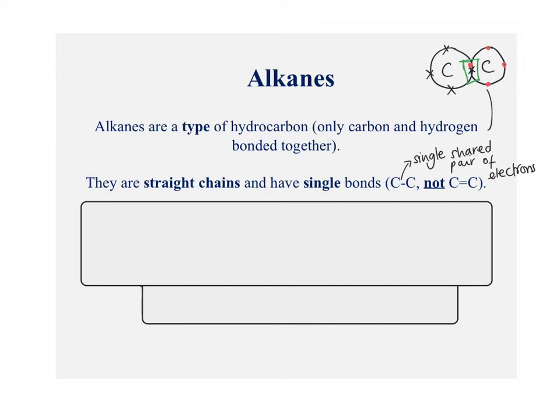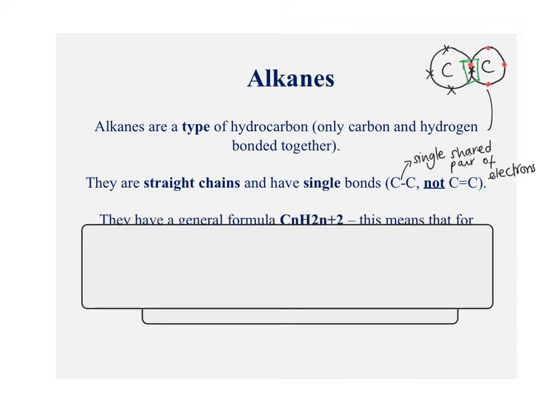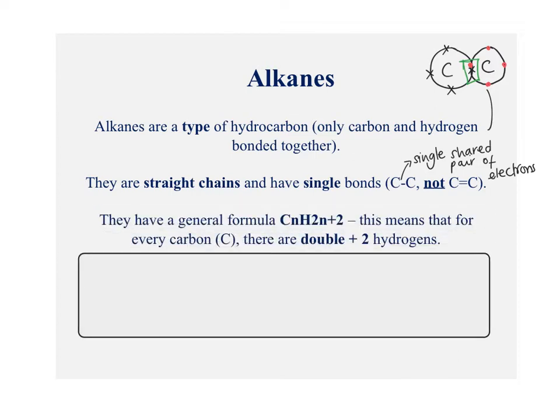Now in chemistry, a general formula is the way that we can quickly figure out the chemical formula for a molecule. And the general formula for alkanes is CnH2n+2. The superscript doesn't seem to have worked, but that's CnH2n+2.